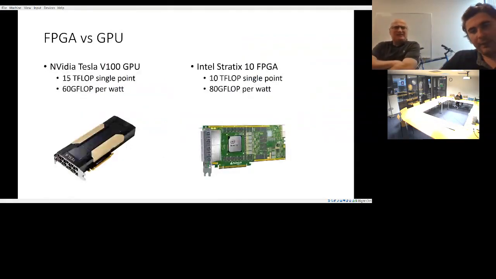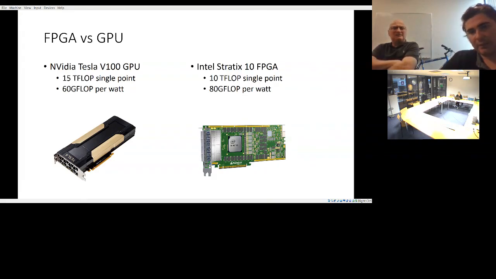Like the very first question which people normally have is how does this compare to GPUs? Because people know that the de facto standard in acceleration is NVIDIA GPUs, so here is a short comparison of the top of the line NVIDIA Tesla V100 GPU versus this Intel Stratix FPGA. NVIDIA can achieve a theoretical 15 teraflops single-precision throughput.